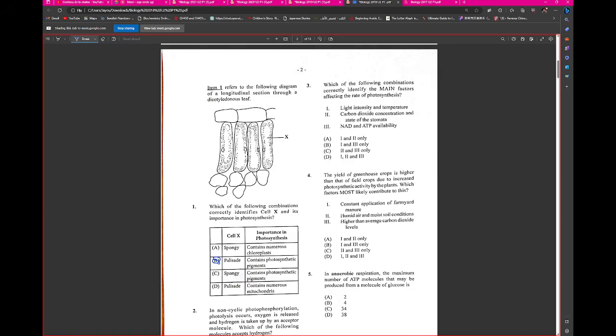Which of the following combinations correctly identifies the main factors affecting the rate of photosynthesis? Let me see. Light intensity and temperature, sure. Carbon dioxide concentration, that's sure. Do you think D is included?